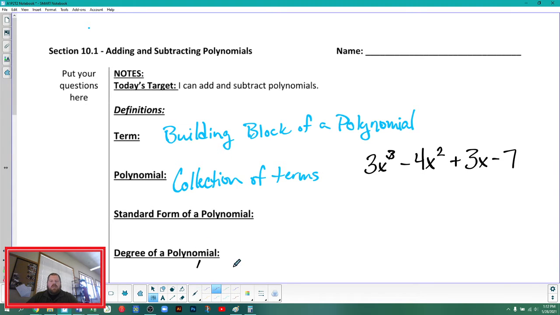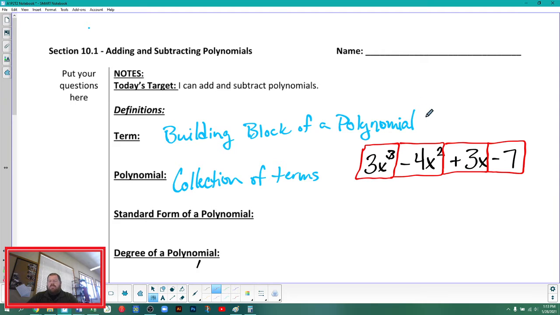To break down the pieces that I have, each one of these blocks that involve a number, variable, and exponent, those are all terms. So all 4 of these are terms. And I even think of the sign as part of that term.